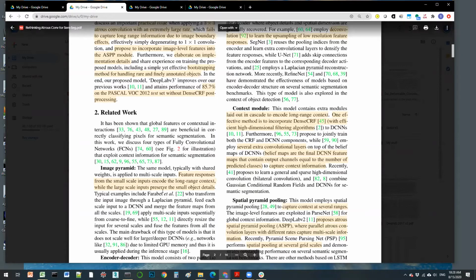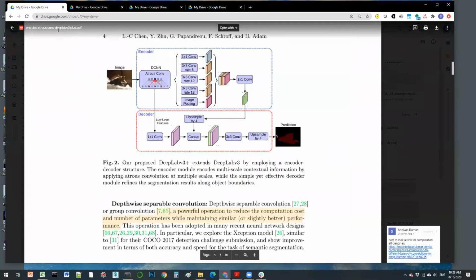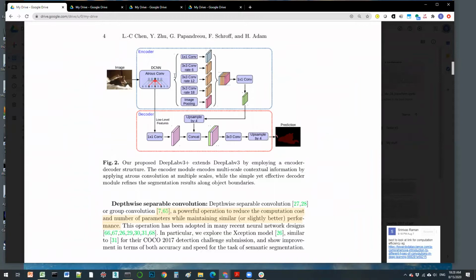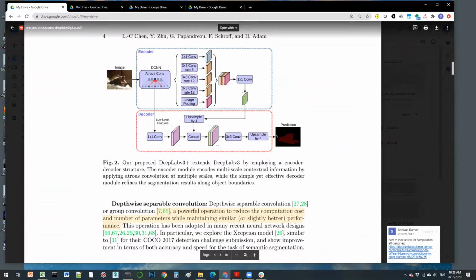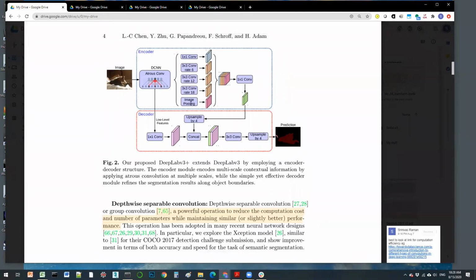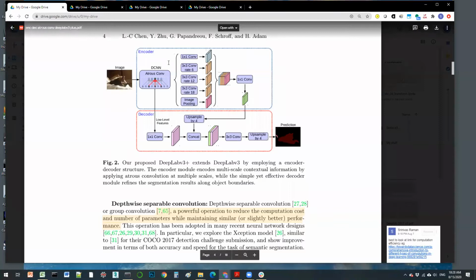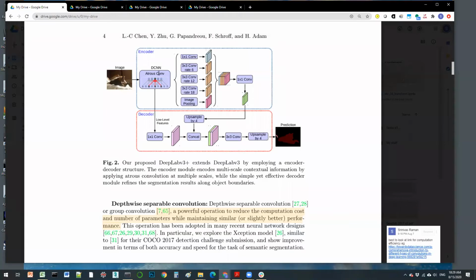Whereas image pooling here refers only to taking whatever feature map the convolutions are applied on and applying pooling at the full image level. When I say full image, I don't mean the full original image, but at this level, and then pooling it appropriately to generate this particular pink one.